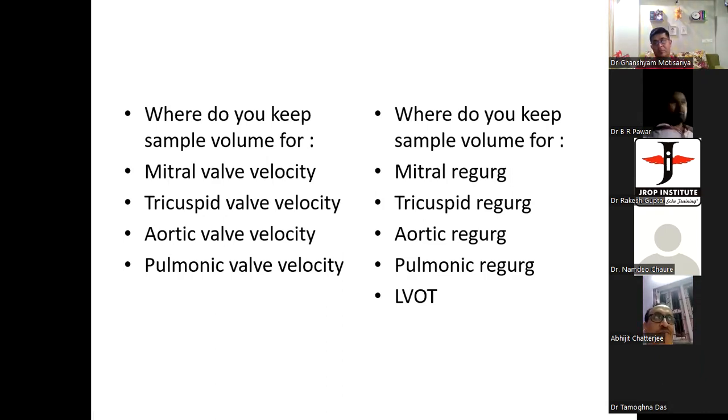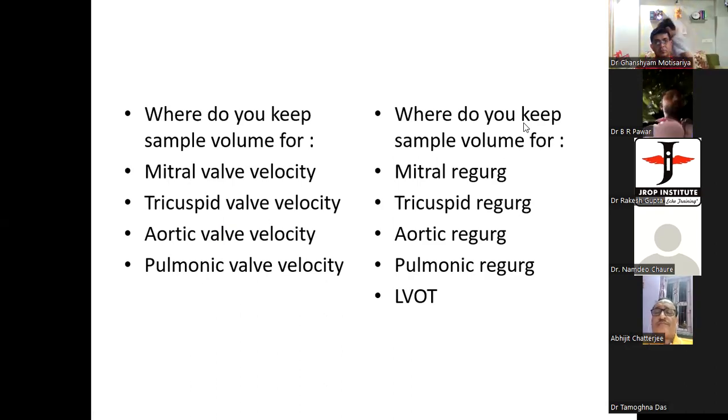At the tip of the aortic valve, not the annulus. All leaflets, all velocities to be calculated at the tip of the valve. Very simple question. It's trying to confuse you, and I'll confuse you more in some time. So the answer is, any velocity you measure should always be at the tip of the leaflets: mitral, aortic, tricuspid, pulmonic, wherever it is.